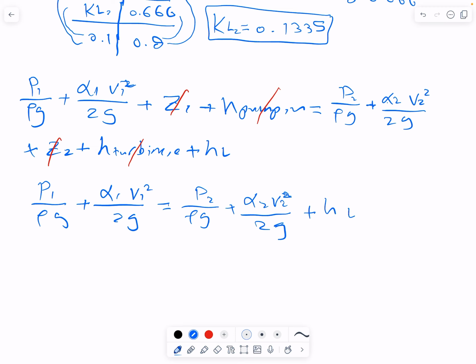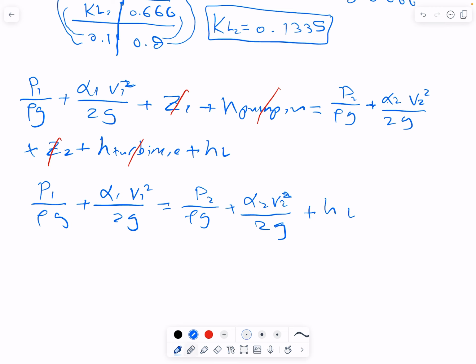Okay, so from this equation, what we need to do is get V1 and V2. We have V1 but we don't have V2.